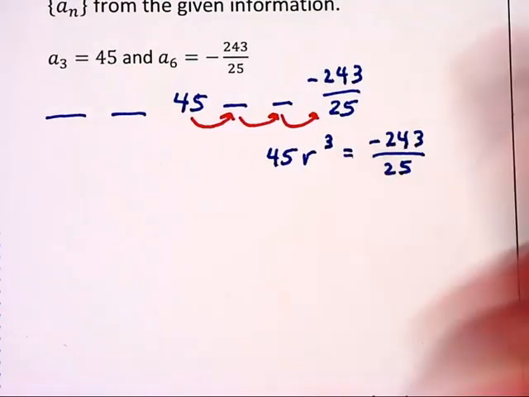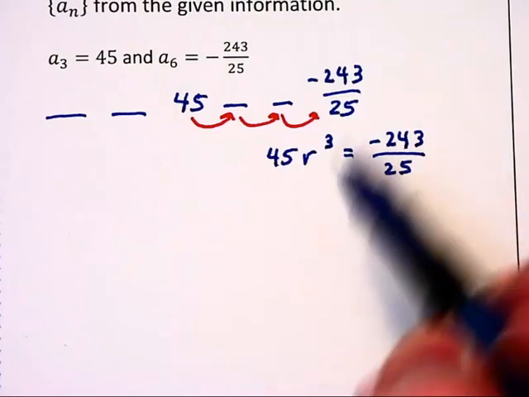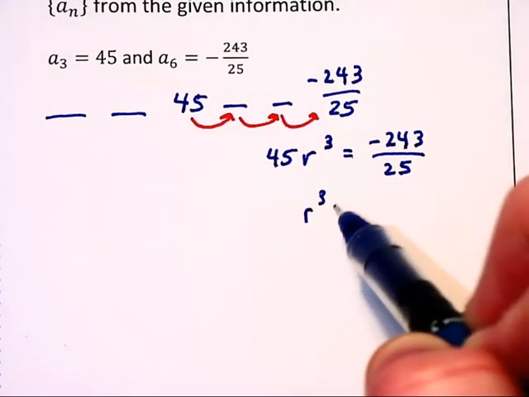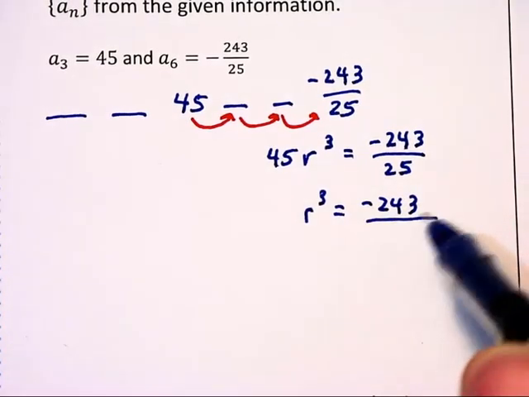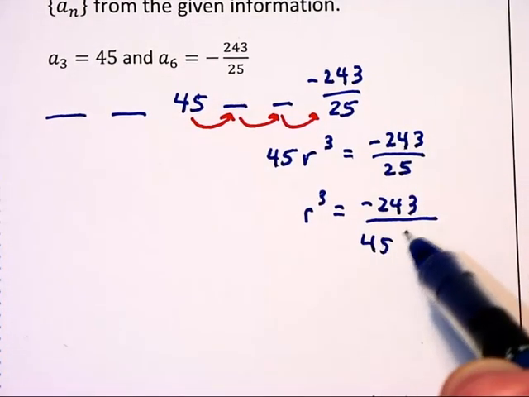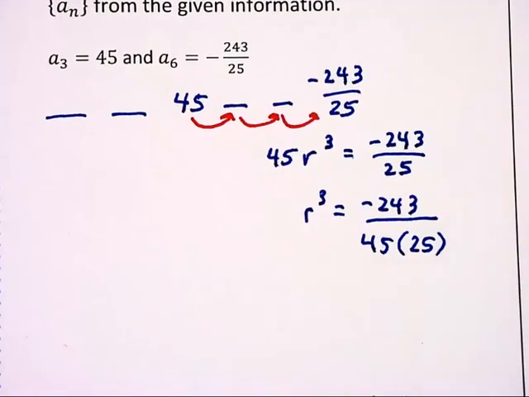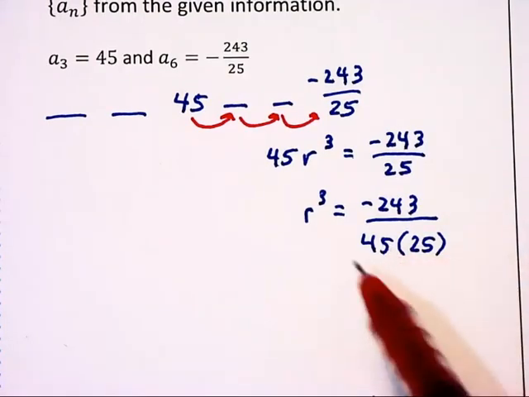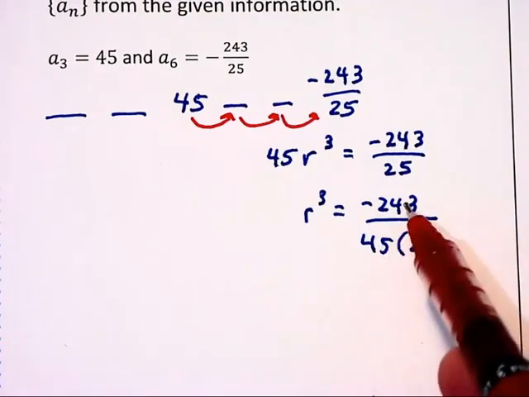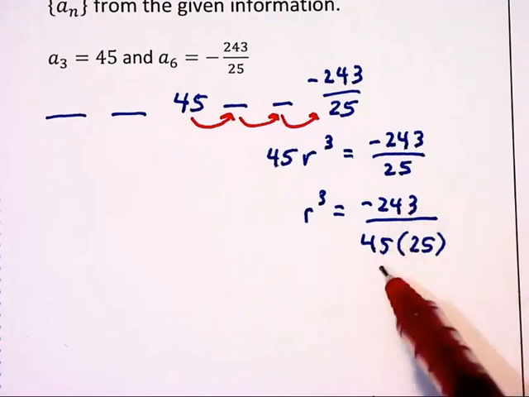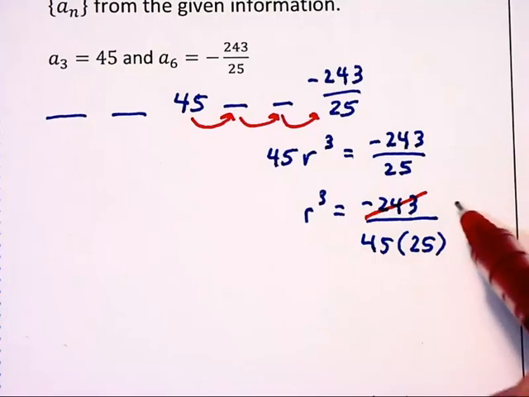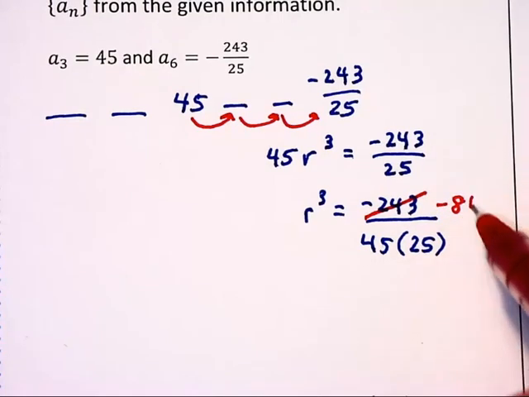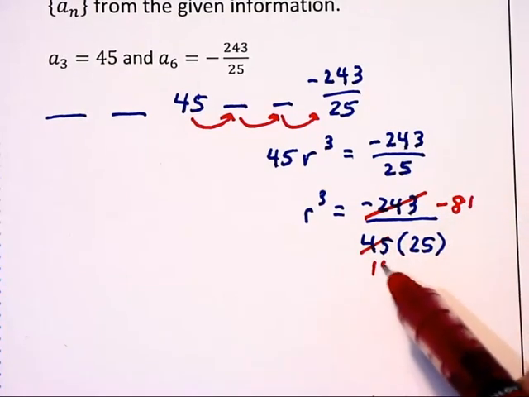Now, if we divide through each side by 45, we have r to the third equals negative 243 over 45 times 25. Now, it turns out that 3 goes into both 45 and 243. Dividing by 3, up in the numerator we get negative 81, and down below we have 15.